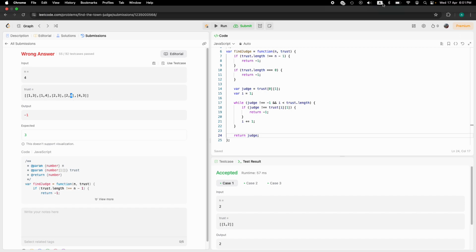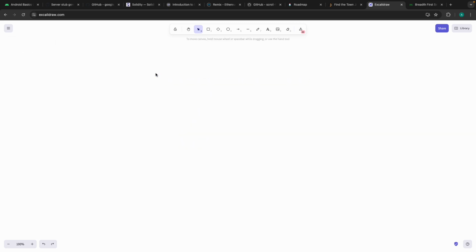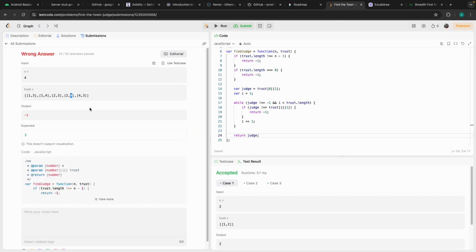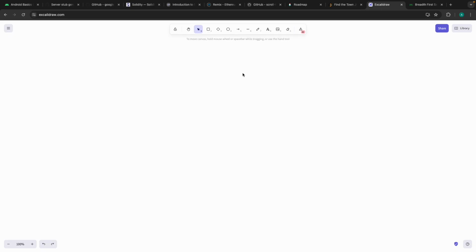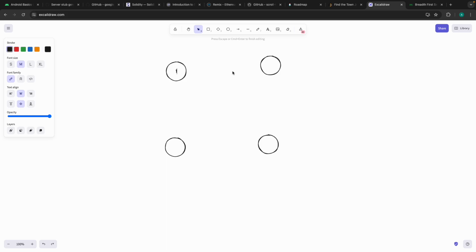I need to draw the graph from this example. So we have 1, 2, 3, 4 persons. One, 2, 3, and 4.